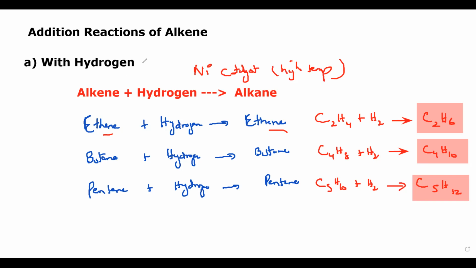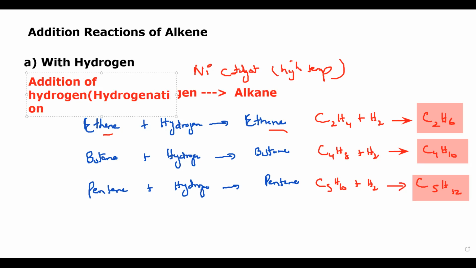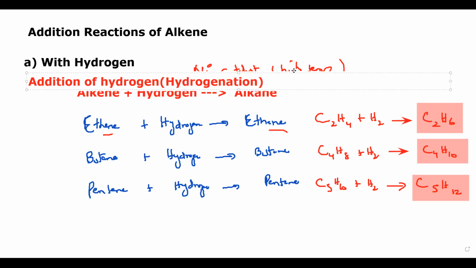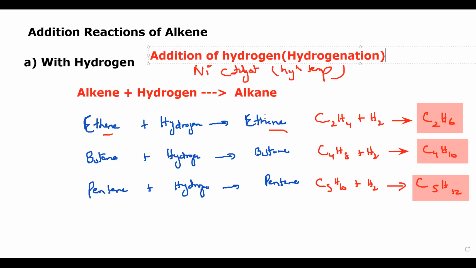When we add hydrogen to an alkene, this reaction is known as hydrogenation. The term hydrogenation means addition of hydrogen. So remember, whenever any alkene reacts with hydrogen, we call that hydrogenation.